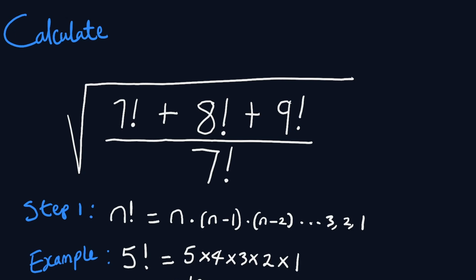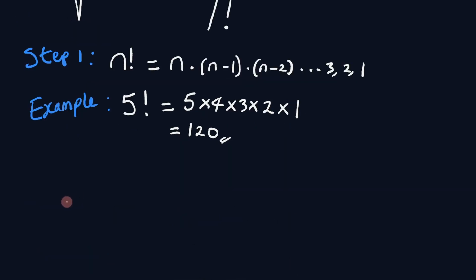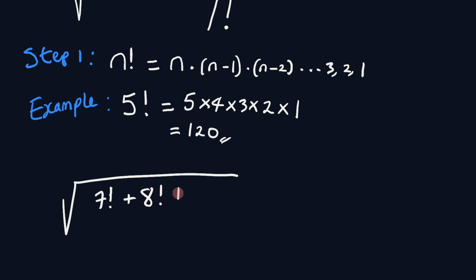This is the first foundation we need to understand what a factorial is, and we will use this knowledge to solve this. So if we write this question out for clarity's sake, so that we don't get lost in what we're doing: 7 factorial plus 8 factorial plus 9 factorial, all divided by 7 factorial. We need to ask ourselves one question.